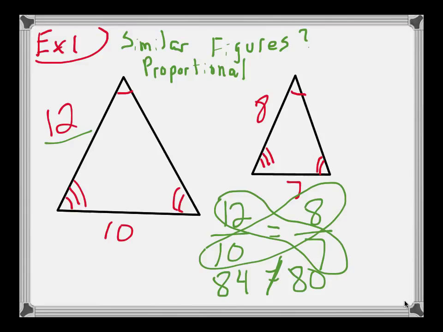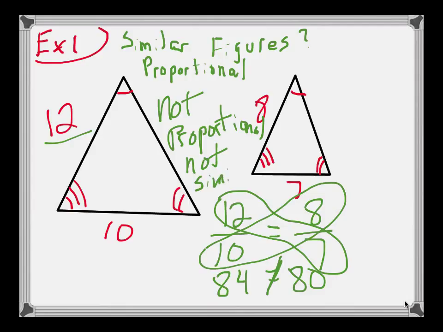What that means is that these two figures are not proportional, which in turn means that they are not similar. Now, if we ended up with something here that equaled each other, then they would be proportional. They are not the same size, but they are similar. So there's one example there.